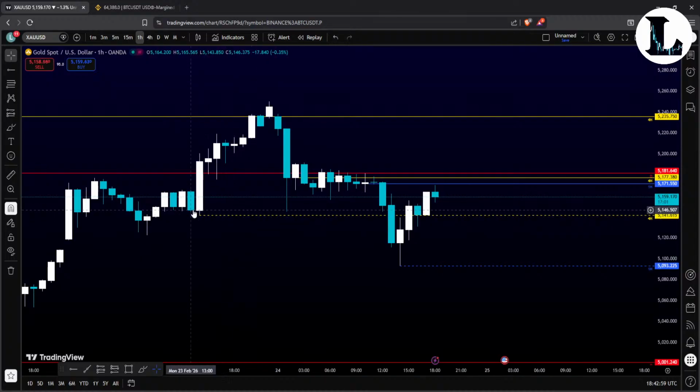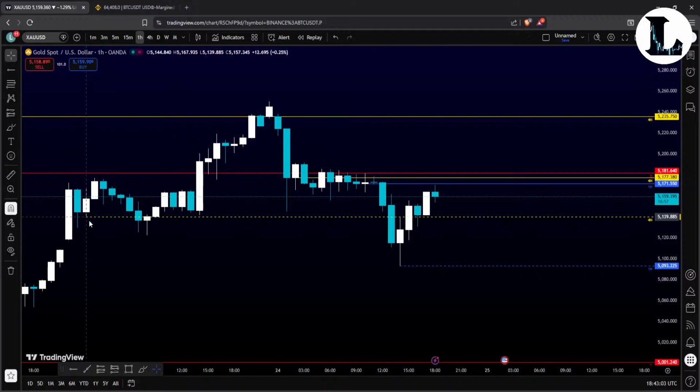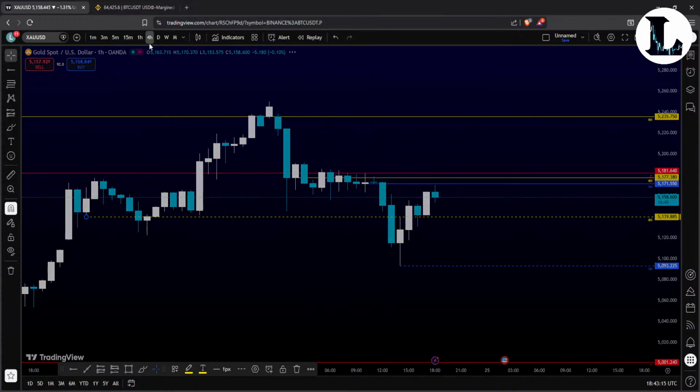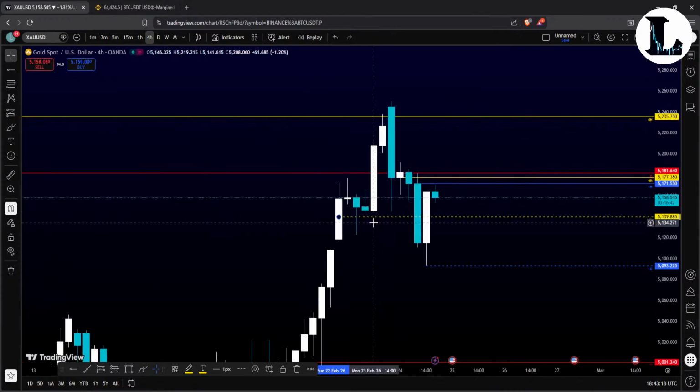Actually, guys, this level here might be a 1 hour liquidity level. Yeah, for sure. But I don't like this white candle here, even though we don't have a confirmation. If we go to the 4, it might be a 1.